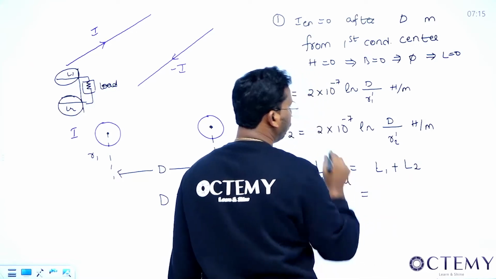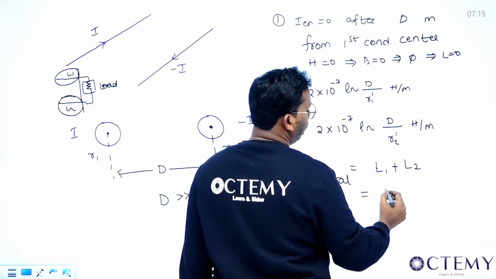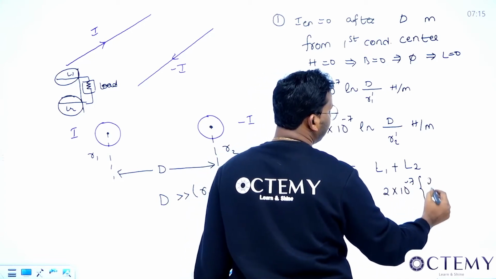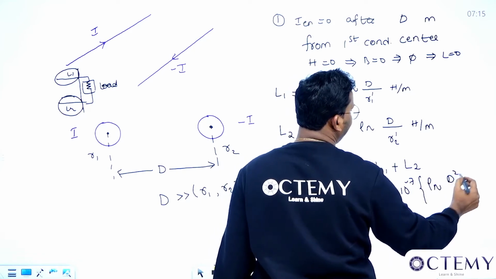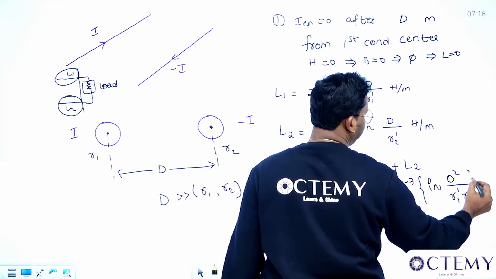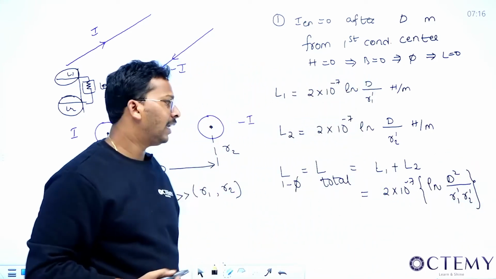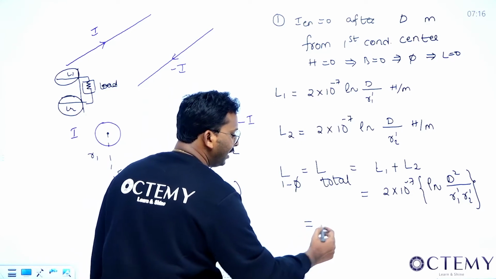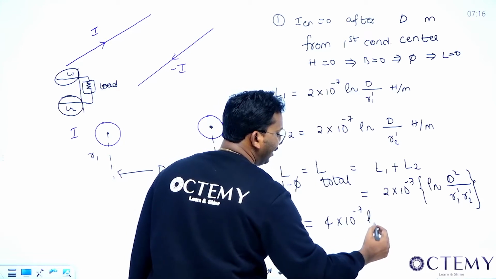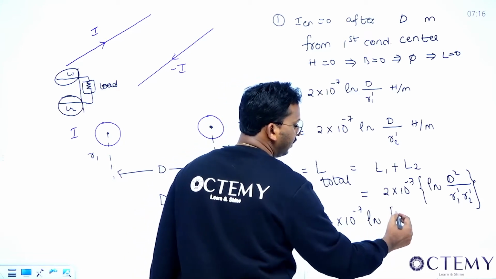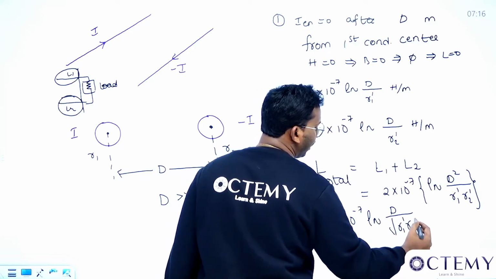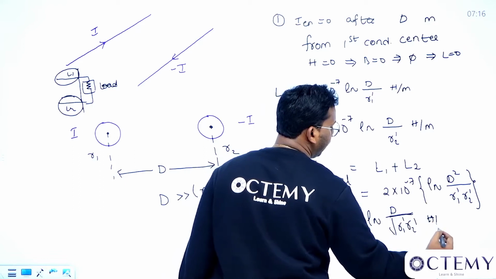So that should be equal to 2 into 10 power of minus 7 taken common, ln d square divided by R1 dash into R2 dash. Because logarithms in addition get multiplied. So the final formula which you have to remember is 4 into 10 power of minus 7 ln d by square root of R1 dash and R2 dash, Henry per meter.